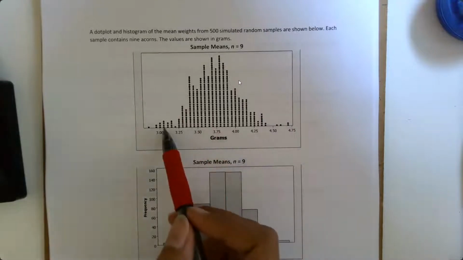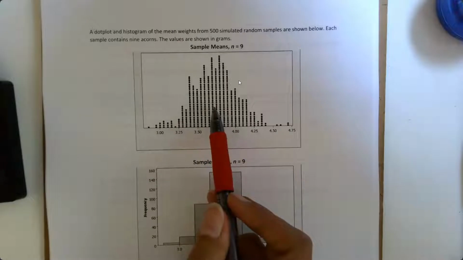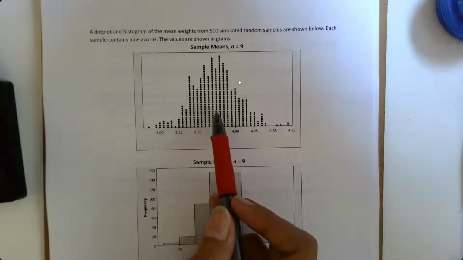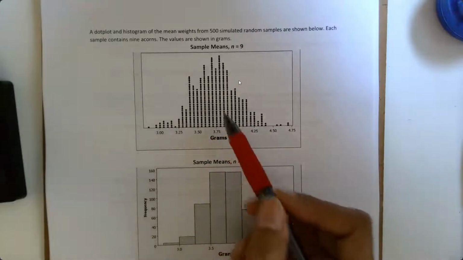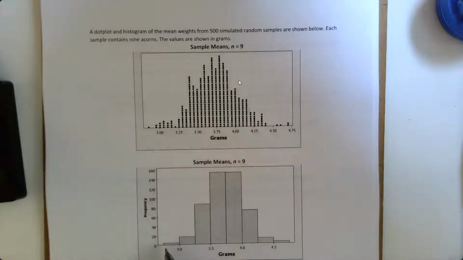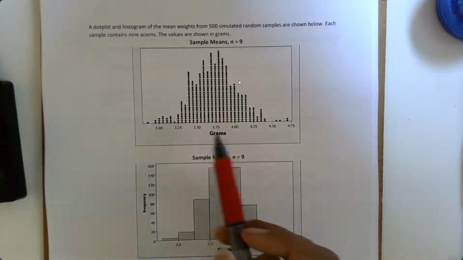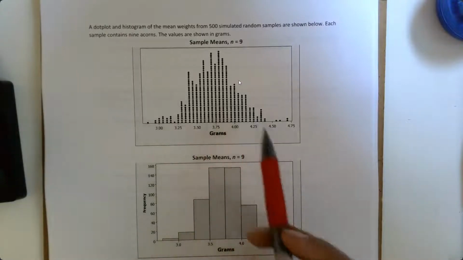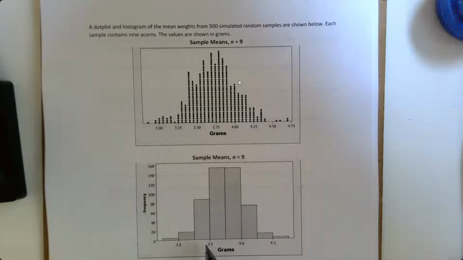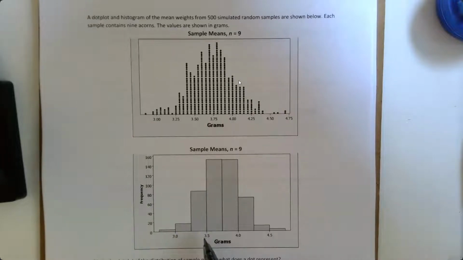So this is the dot plot representing our data. And finally, we are using a histogram to represent the same behavior. Both of them are representing the exact same set of data.